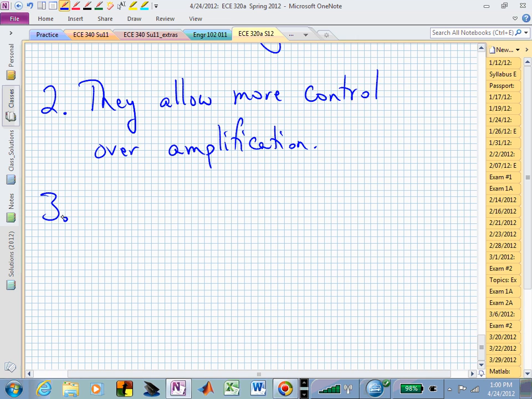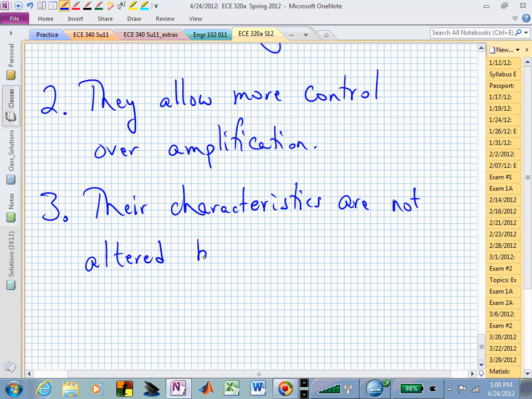And dealing with op amps, we can maybe not have as much impact of loading, or our circuit that we now connect this to may not load us as much. So these active circuits will allow their characteristics are not altered by the loads at their outputs.